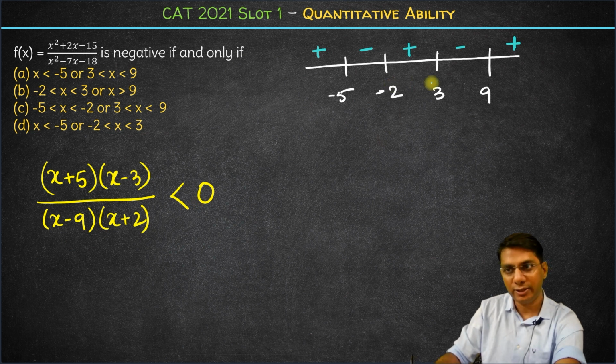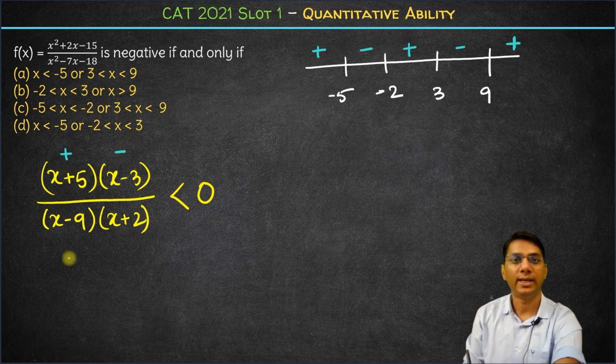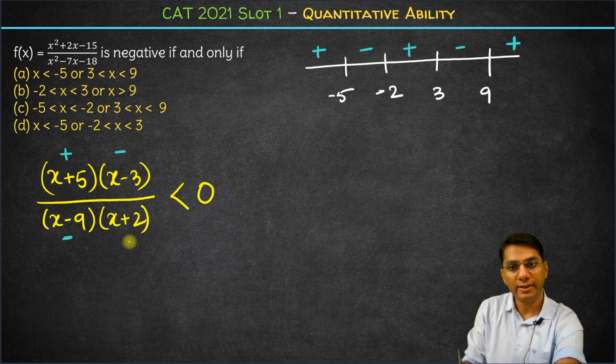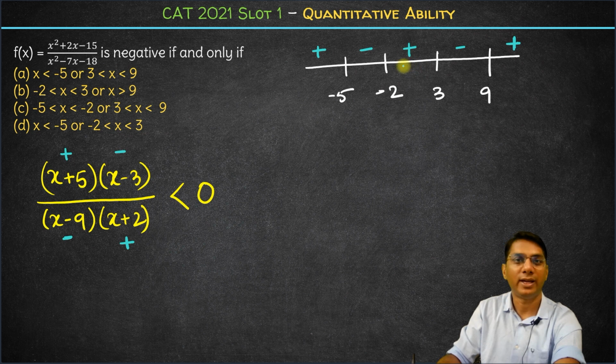Now if you consider the range of x from minus 2 to plus 3, this will be positive, right? This here will be negative, this will be negative, and this will be positive. So you have two positive terms, that's fine. Negative upon negative will also become positive. So in this range the value of the expression will be positive.